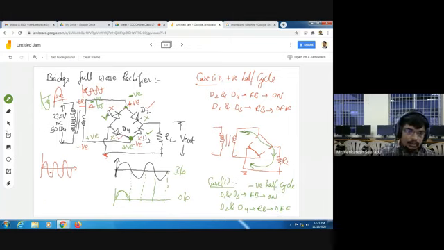Now let us consider my waveform. Let us consider our circuit diagram becomes like this. It is a step down transformer. Now this diode D1 is in on condition, D2 is in off condition.